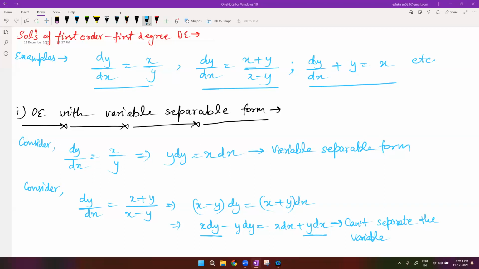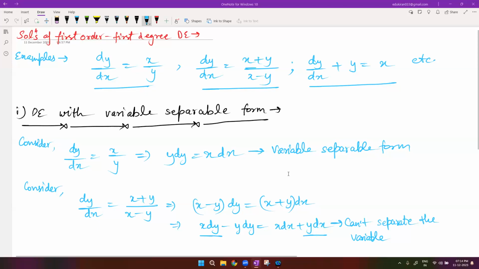Did you understand how the variable separable form looks? In variable separable, the first thing is that we take all the y with dy and we take all the x with dx. So with dx, there will be no term containing y, and with dy, there will be no term containing x.